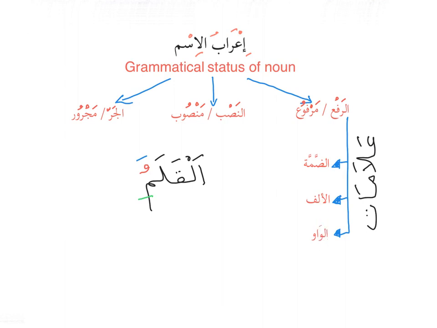So alif is the sign of marfu' when the word is musanna. And finally, the third alama, which is the waw. This is if the word is in the form of jama' muzakkar salim. When the word is jama' muzakkar salim, then you have to use the version that comes with a waw.